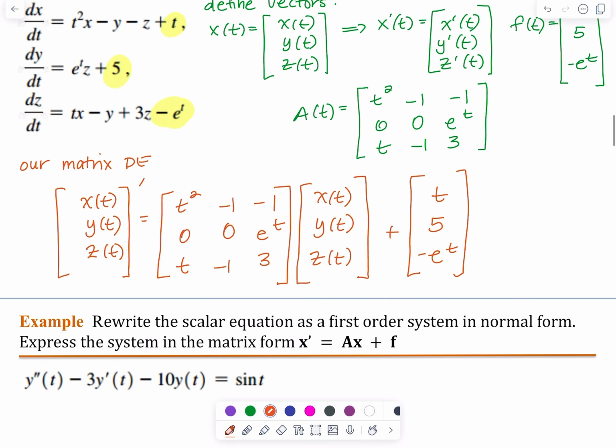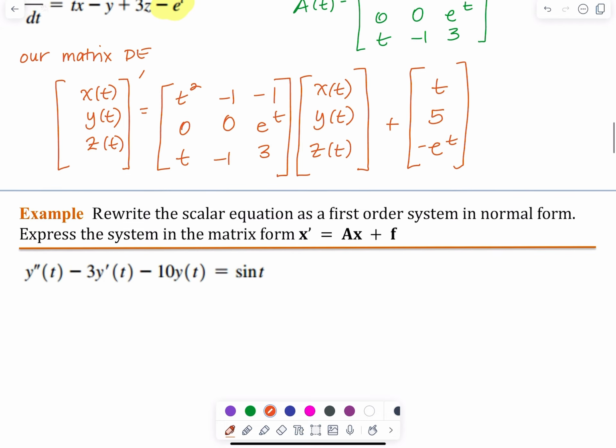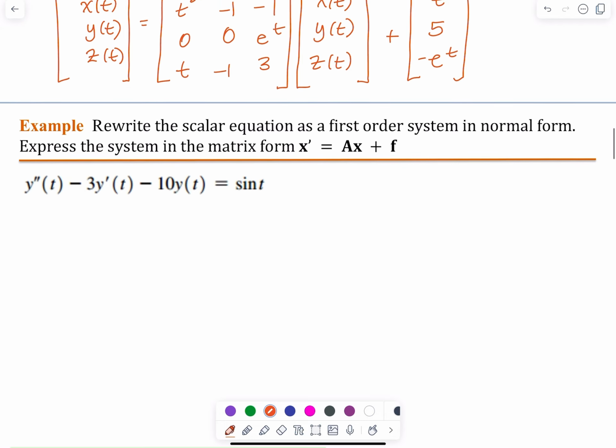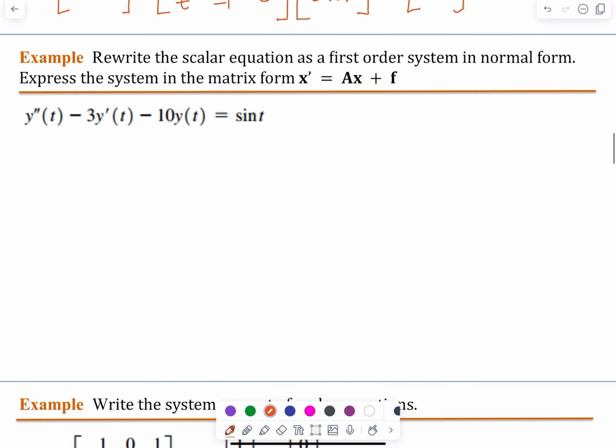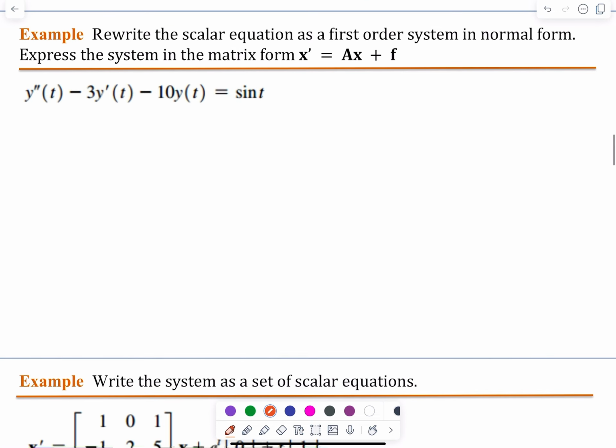Let's go ahead and look at our next example. Rewrite the scalar equation as a first-order system in normal form and express the system in the matrix form x prime equals Ax plus f. So in this system, we can make the following substitutions. We can say that x1 of t is equal to y of t, x2 of t is equal to y prime of t.